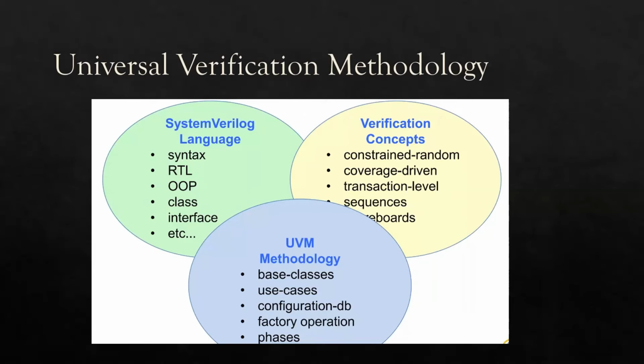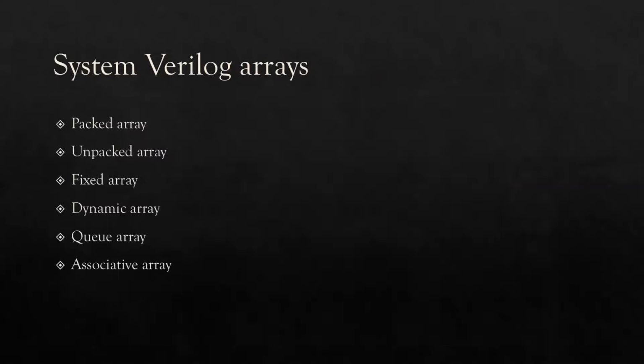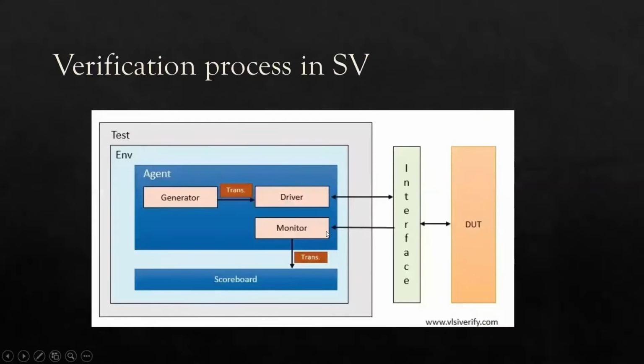That's why it is named universal verification methodology. It is a combination of SystemVerilog, SystemVerilog concepts and its own UVM methodology. UVM added some extra features to the test bench. Test bench architecture is the same, but some slight changes are there in UVM.